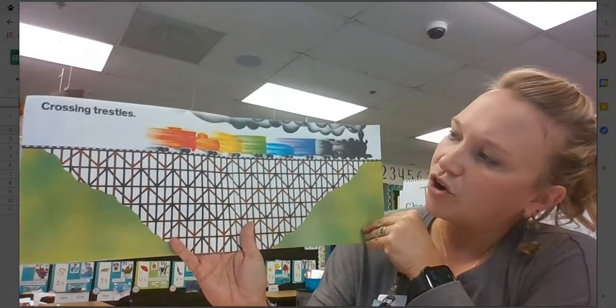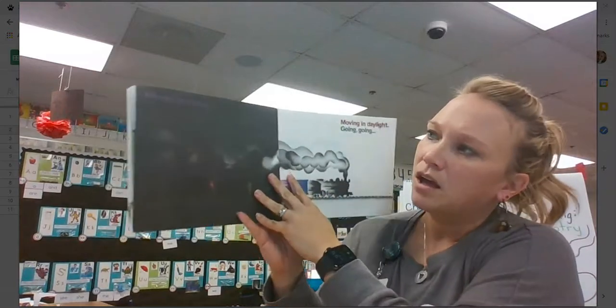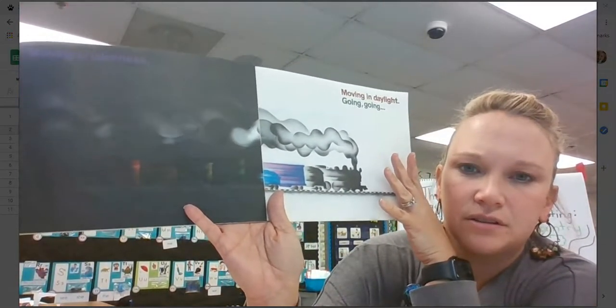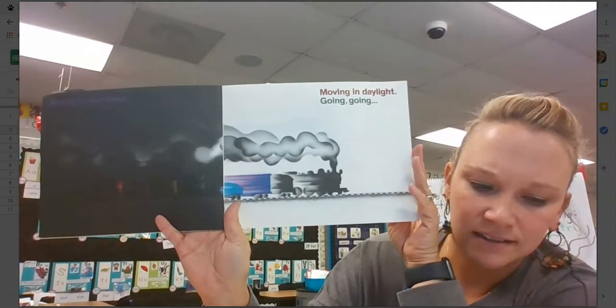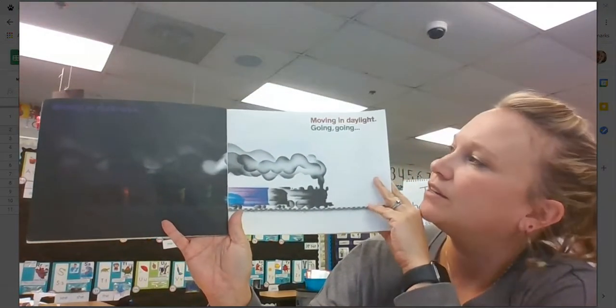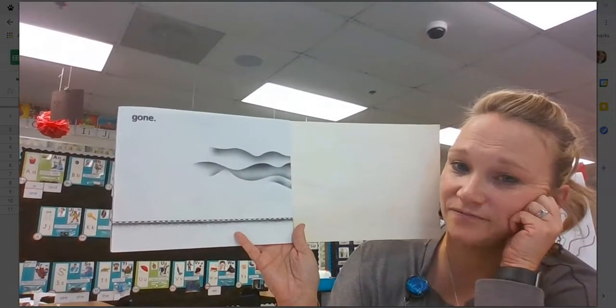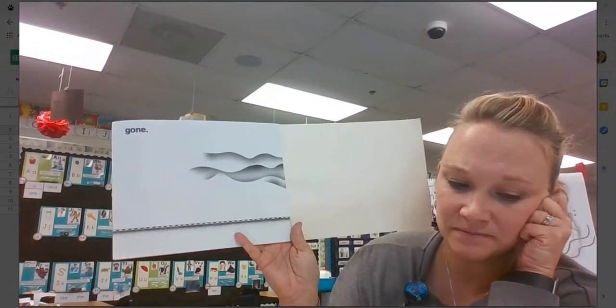Crossing trusses. Moving in darkness. Look how cool that picture is. Moving in daylight. Going. Going. Gone. All you have left is the smoke from this steam engine.